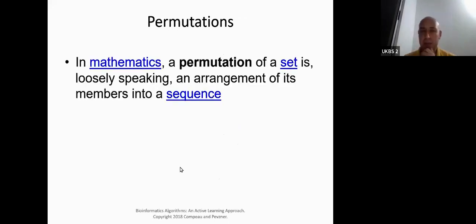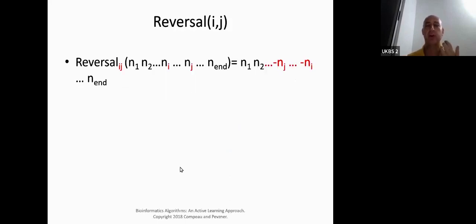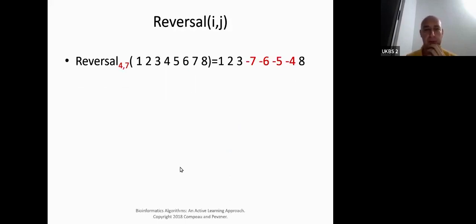In mathematics, a permutation is an arrangement of its members into a sequence, as we saw before. So the reversal of the string 1, 2, 3, 4, 5, 6, 7, 8 from 4 to 7 is 1, 2, 3, minus 7, minus 6, minus 5, minus 4, 8.